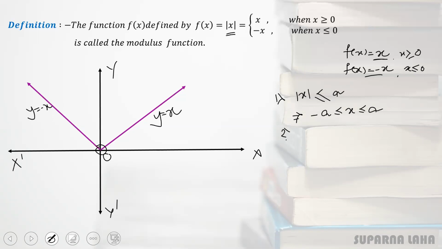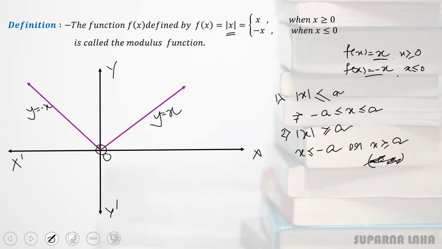Similarly, if mod of x is greater than or equal to a, what do you mean by this one? This means x is less than or equal to minus a, or x is greater than or equal to a. That means except this interval minus a to a, all the elements we will consider as x.